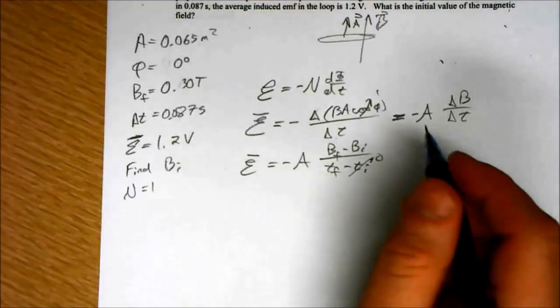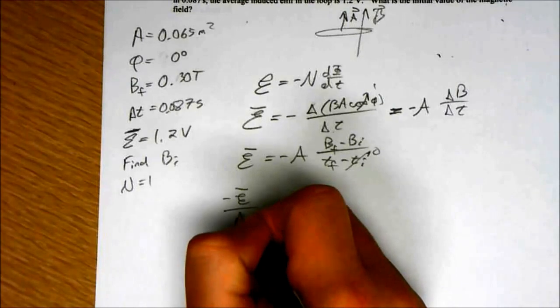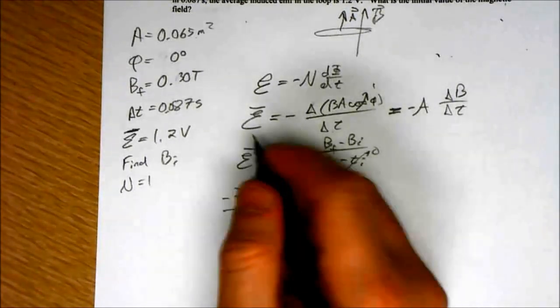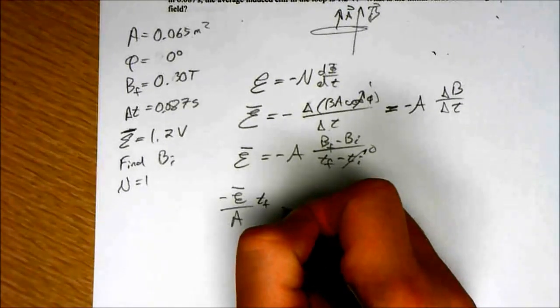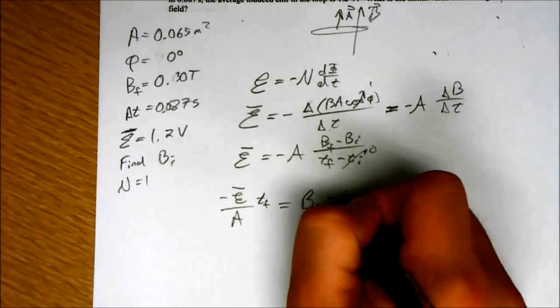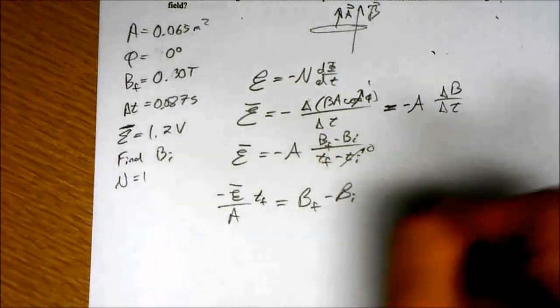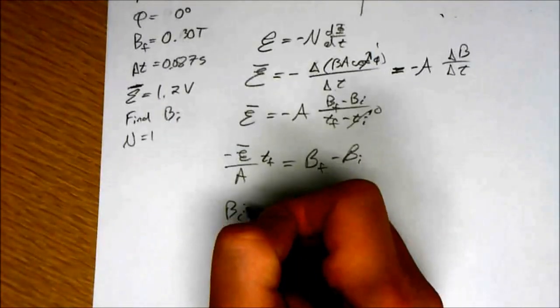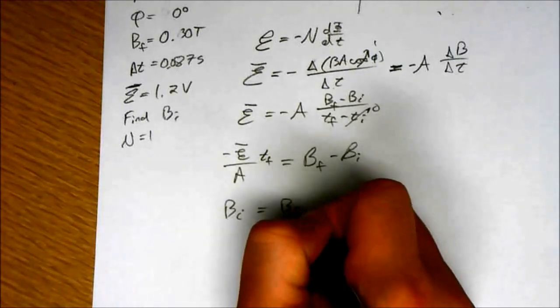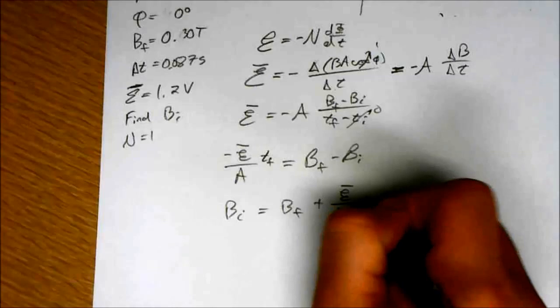Okay, so now it's just a matter of algebra. I can multiply by t final, so that equals B final minus B initial. Move the B initial over here, move this stuff over there. So B initial equals B final plus the average EMF over area times t final.